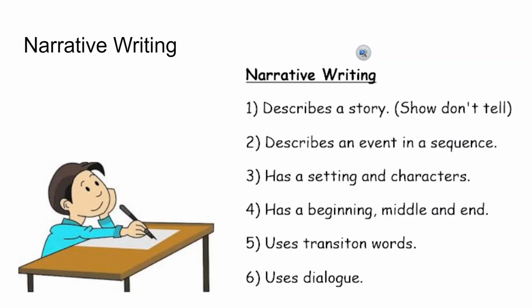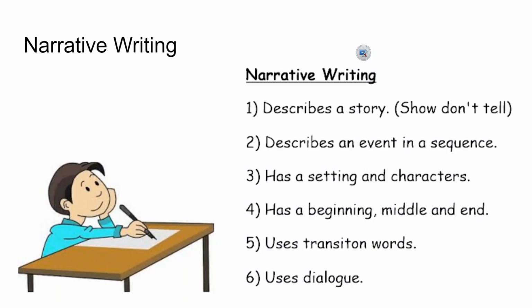We also know that a narrative piece of writing has a clear beginning, a clear middle, and a clear end. So these are where your paragraphs are going to come in and why it's going to be very important that you plan your writing. Narrative writing also uses transition words, and I'm going to have a slide for that, but I'm also going to put up on Google Classroom a graphic organizer that has different transition words.